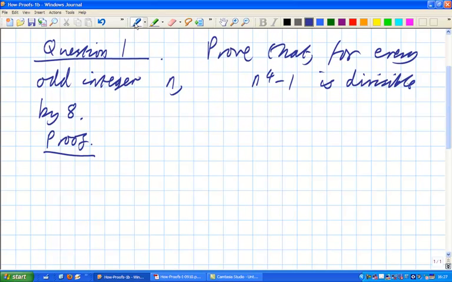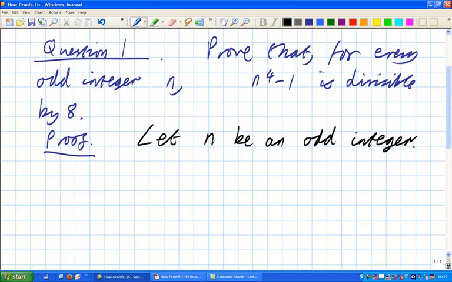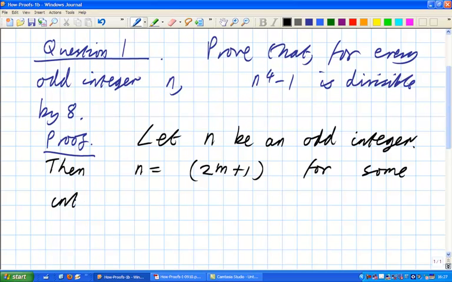And as I said, you start the proof with let n be an odd integer. That means n is equal to 2m plus 1 for some other integer m, with or without brackets.